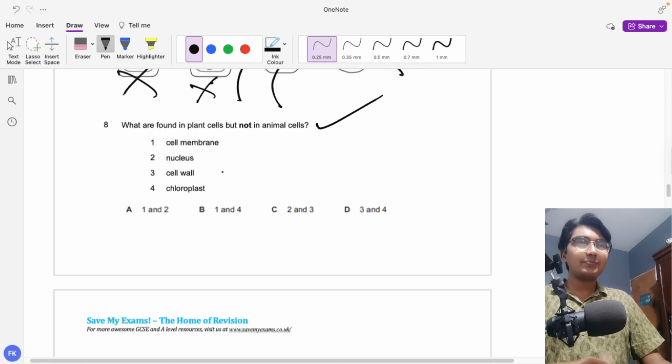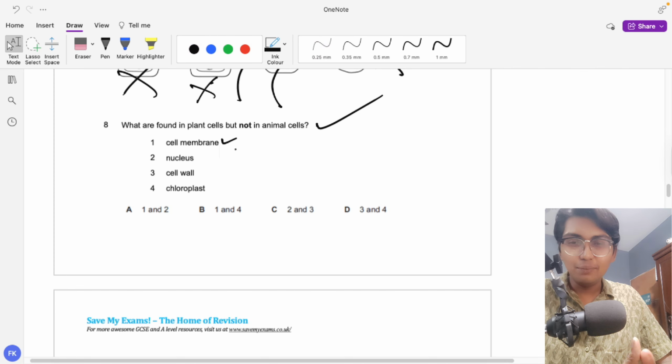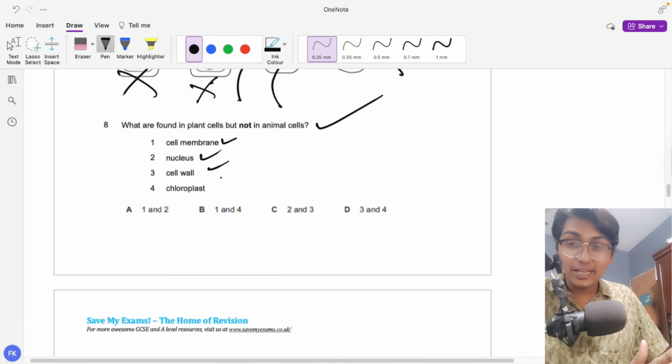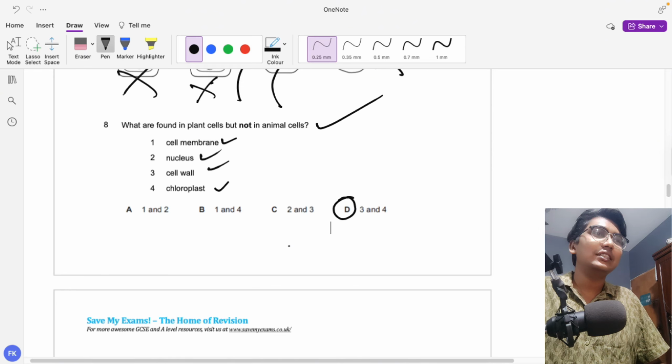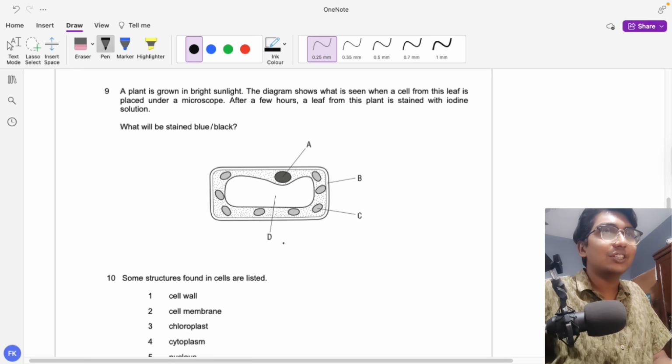Okay, let's start. Cell membrane is found in both plant and animal cell, so this couldn't be an answer. And nucleus is also found in both plant and animal cell, but cell wall is present in plants, and chloroplast is also present in plants, so it should be D. Now let's see another question.